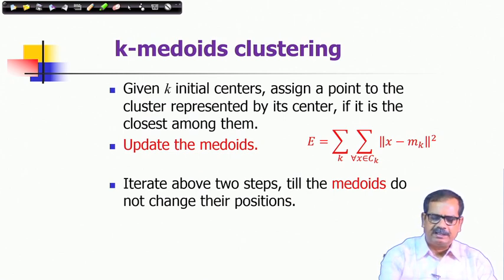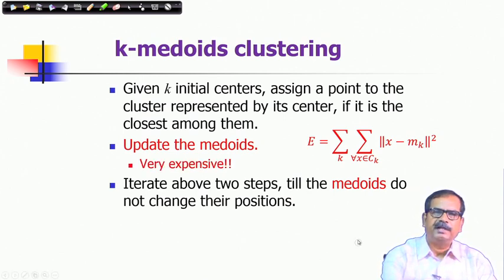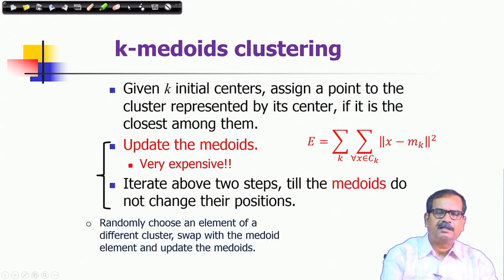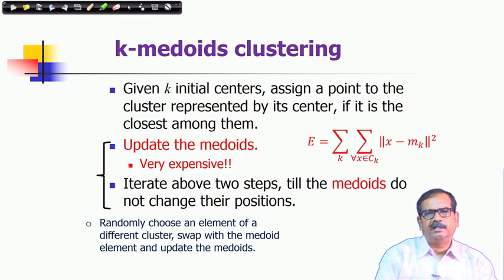But the problem is that this updating of medoids is very computationally expensive. It is not as simple as updating centers. As you have seen, for every cluster you have to compute the corresponding median vector by solving that problem. So, we can have some other variations to make this computation faster. One of the approaches is that we can consider computing the medoid of only two clusters instead of all.